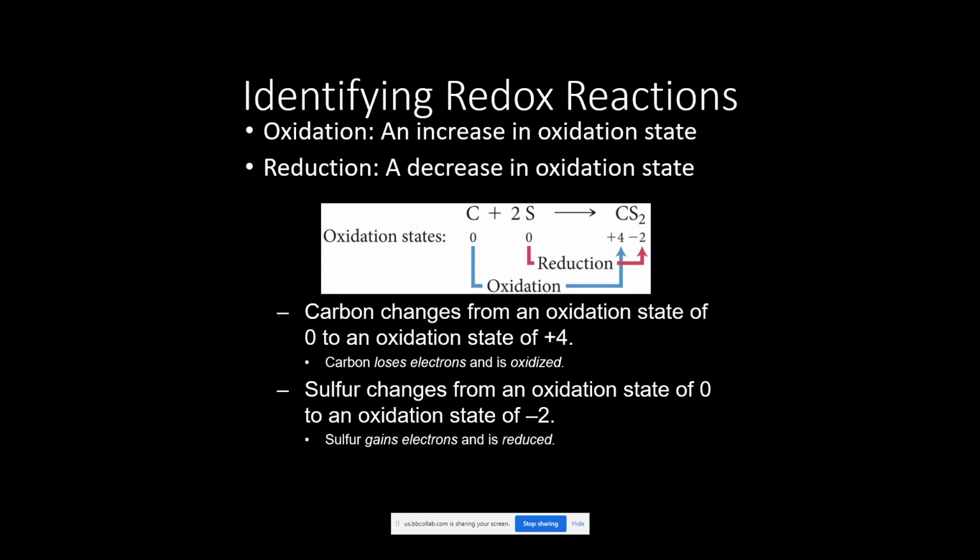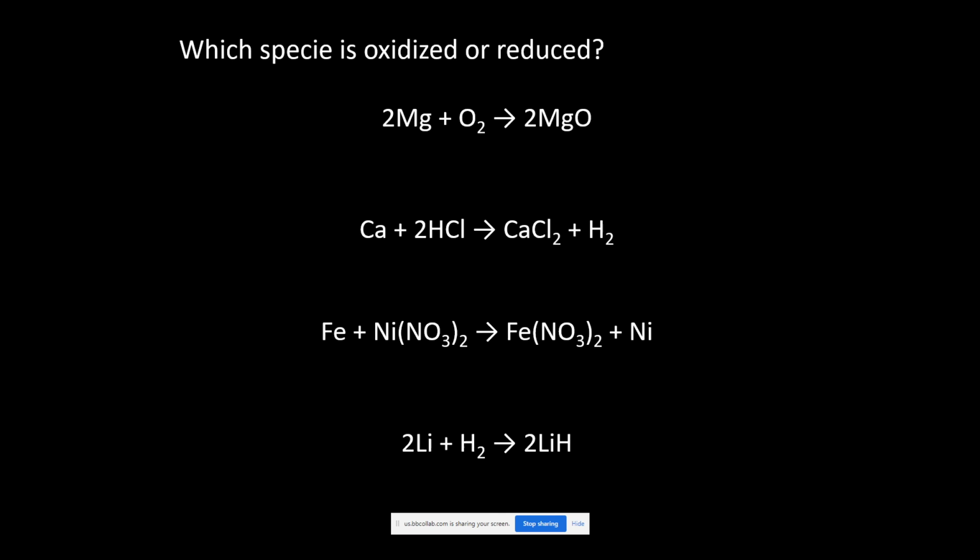But then there will also be questions more similar to this, where I will give you an equation. You will not have to write the equation out yourself or anything like that. I will give you an equation, and it will be up to you to decide what's being oxidized, what's being reduced. And so you'll have to determine, again, using the oxidation numbers, what's being oxidized and what's being reduced.